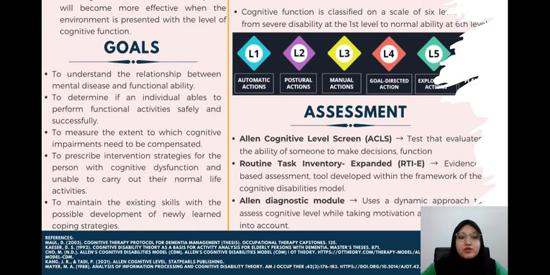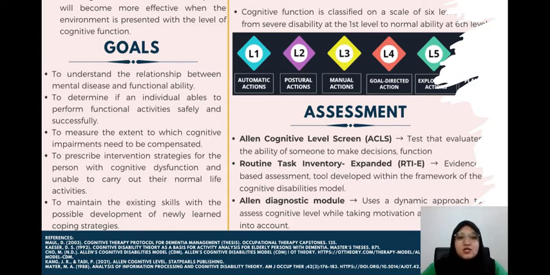Okay, now we will move on to the goals of the cognitive disability model, or cognitive disability FOR. Firstly, Allen's cognitive disability model provides a framework that addresses cognitive impairment and functional disability from a multi-component perspective.